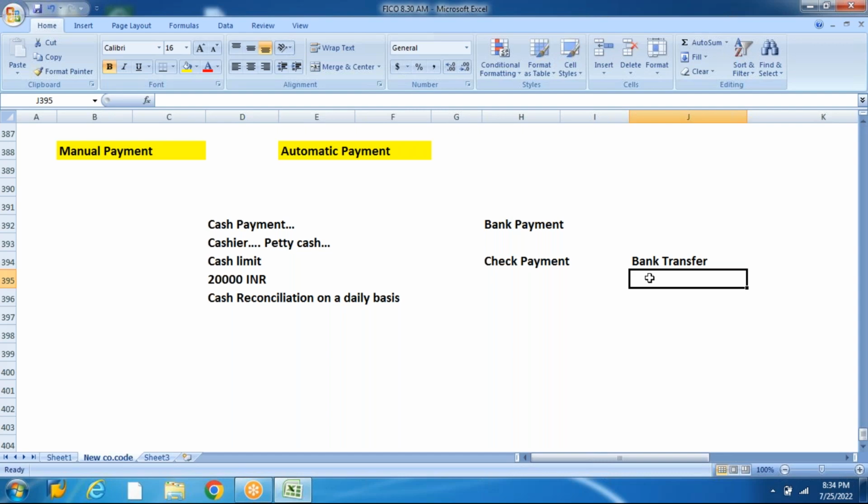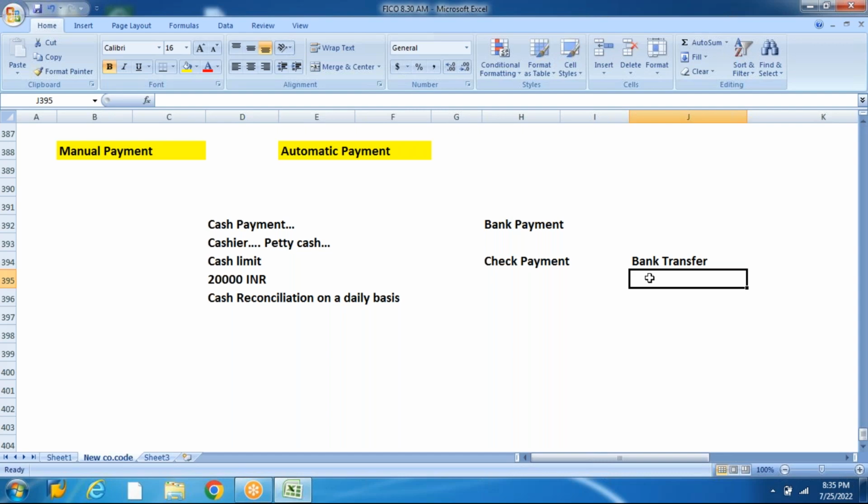To a wrong account, which means when you do a cash payment, a check payment, or a bank transfer payment, you have to be careful. We have to be careful where we are actually transferring the funds, and this information has to be validated or verified, because these funds are not something we are receiving.